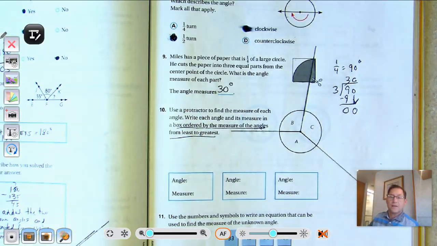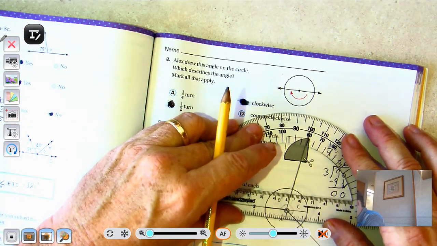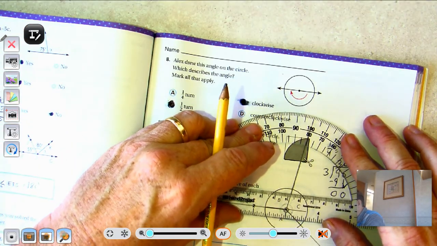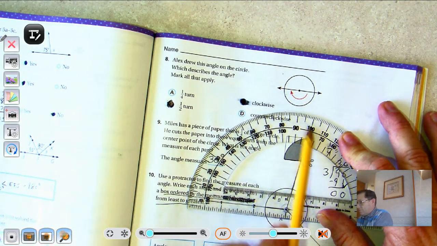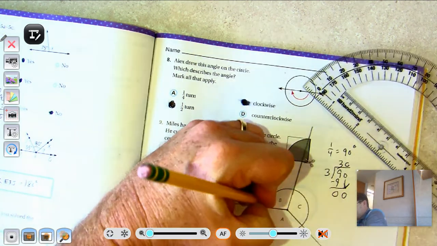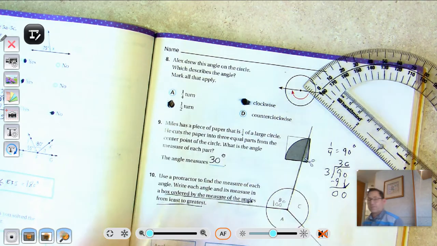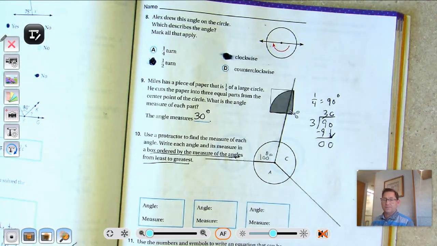All right, so B again. Line up the vertex with the center point, line up the ray with 0, and see where it crosses the line. It crosses at 100 degrees. Okay, make sure you read the right side of the protractor.